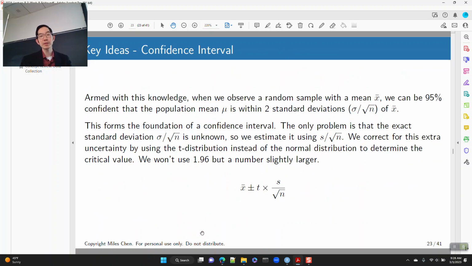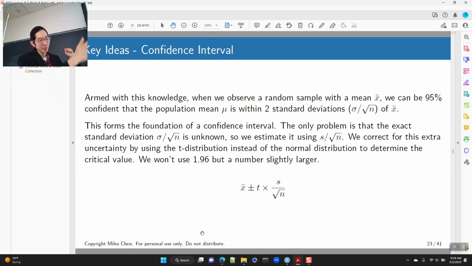So we can reverse that, and we say, okay, whenever I see a sample mean, I can be 95% confident that the population mean is within 2 standard errors of it, right? So the central limit theorem says if you have a population mean here, 95% of the time your sample means are within 2 standard errors. So it's just the reverse, flipped around.